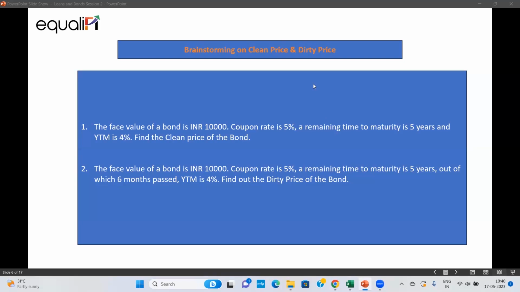So we know how to find out a price of a bond. So the first problem will have the similar method. The second problem will have something additional. Please find out both the values.